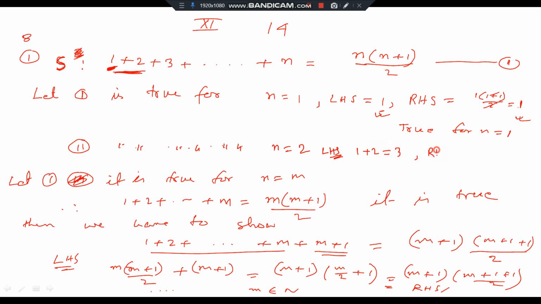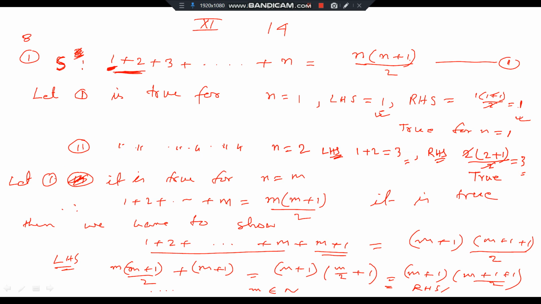And RHS, in place of n we have to put 2. So 2 into 2 plus 1 by 2. The 2s cancel, 2 plus 1 is 3. So it is coming 3. So it is true. You see LHS equals RHS.